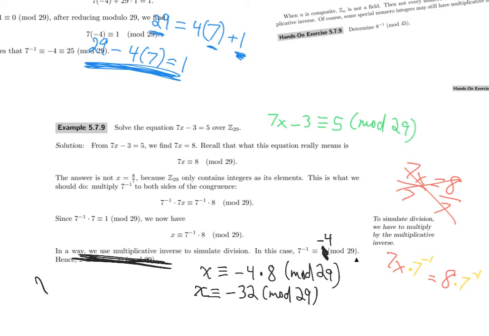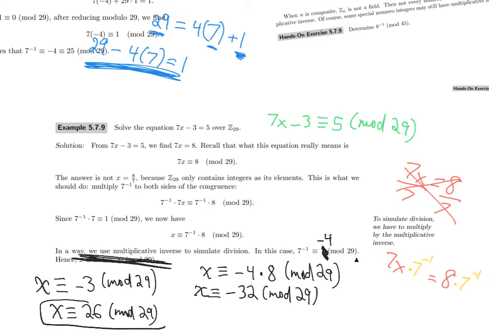If we add 29, we get -3. But we're still not in the range we need to be. So we're going to add 29 again. And so we get x is congruent to 26 mod 29. In other words, we solved for x by finding the multiplicative inverse of 7.